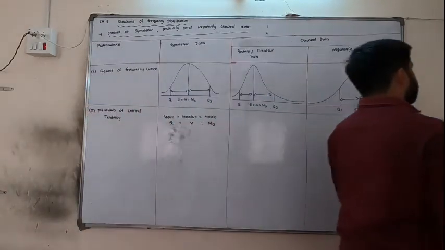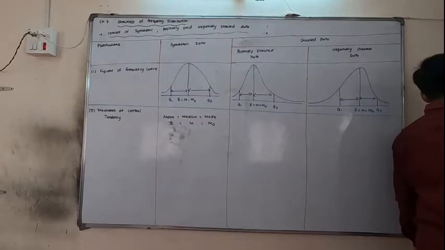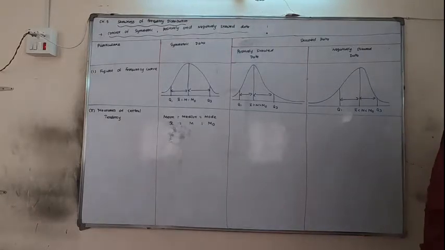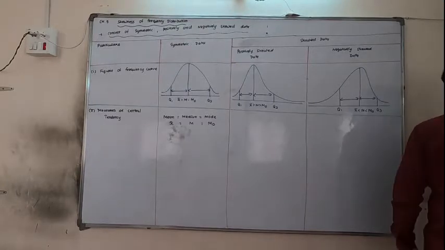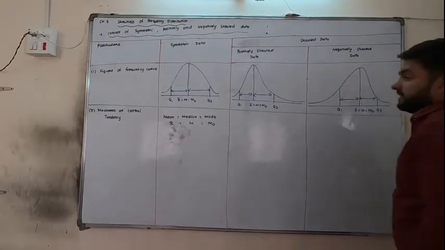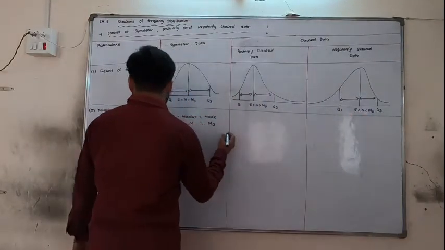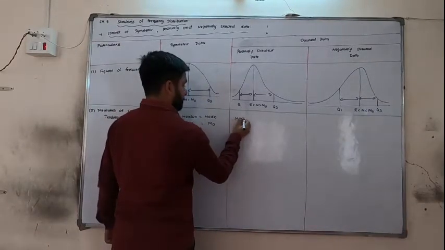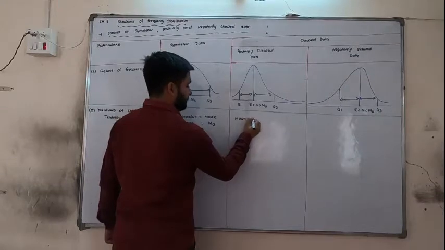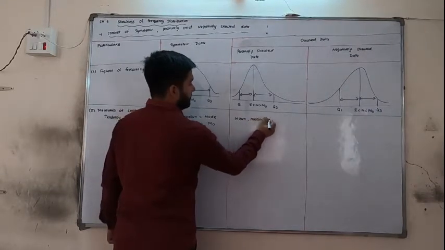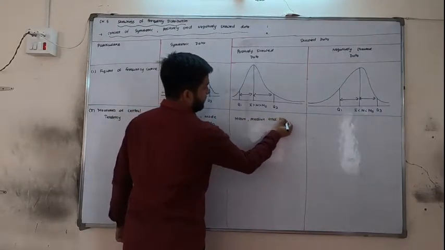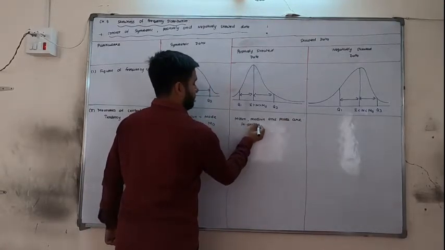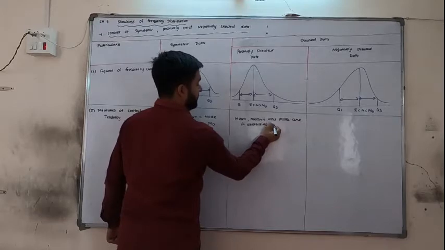Here they will be in decreasing order. For denoting the decreasing order, we have to show the greater than sign. Mean, median and mode are in decreasing order.